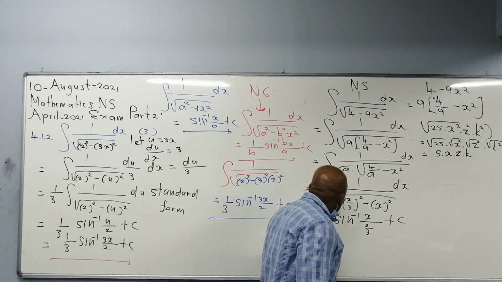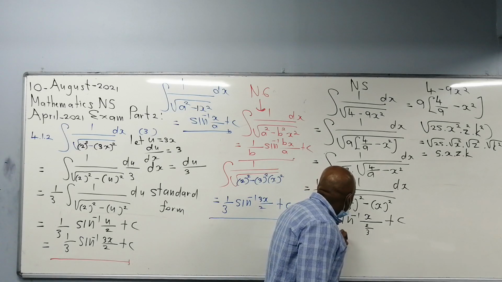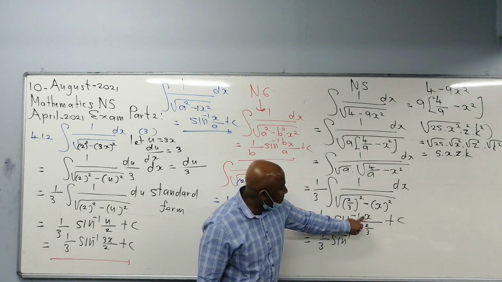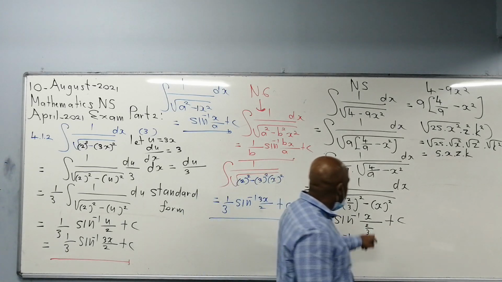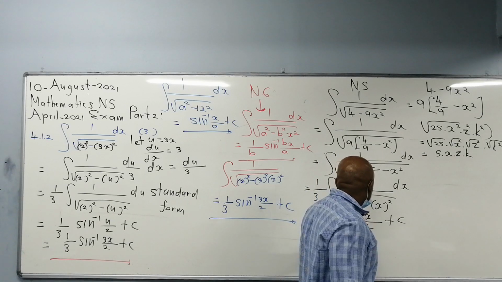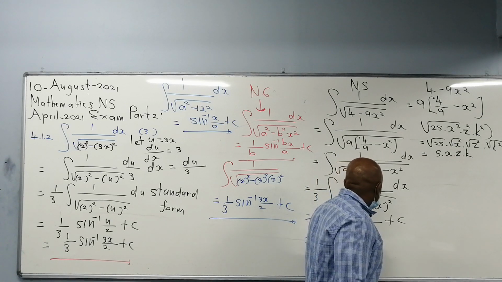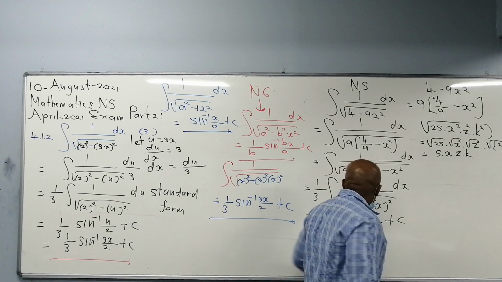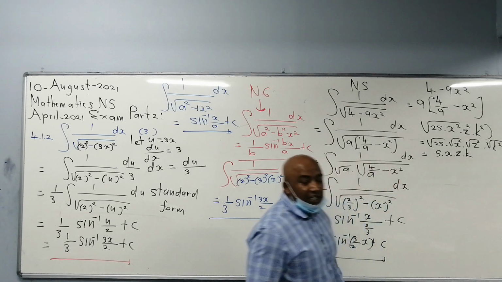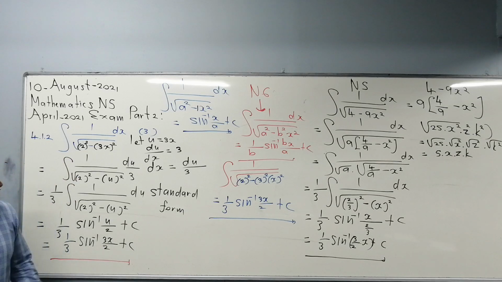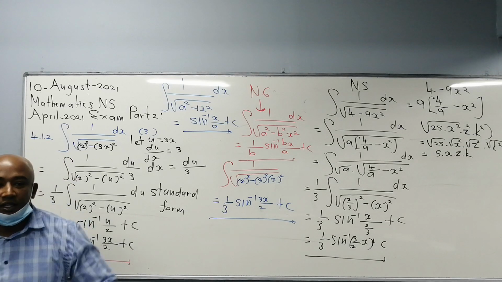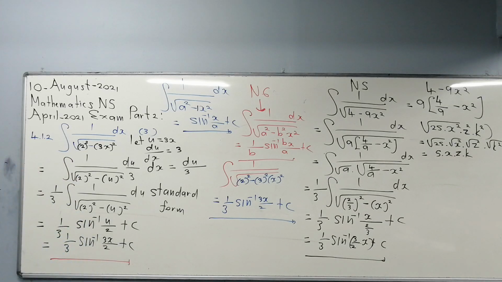So this is 1 over 3 times inverse sine. When you're dividing by a fraction, invert and multiply. So that's going to be 3 over 2 times x, and you're done. So that's 3 different ways to deal with this problem. It's up to you, it's your choice. It's only 3 marks, and it's not that difficult.